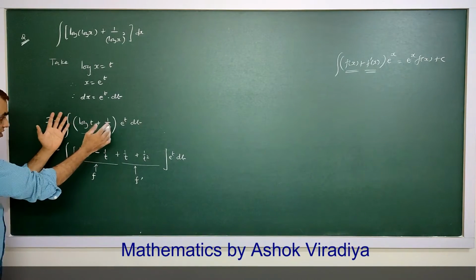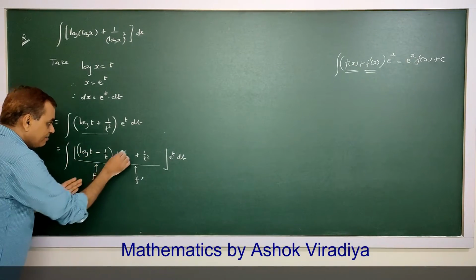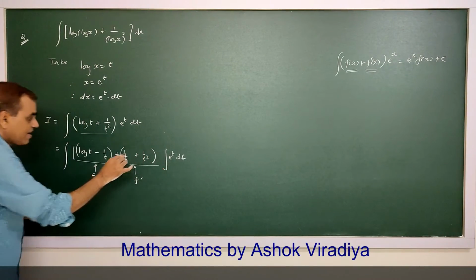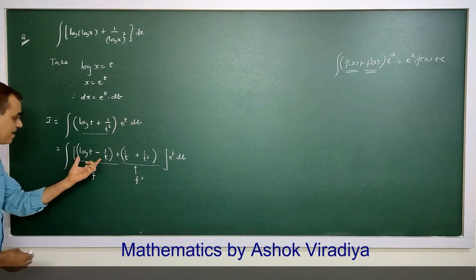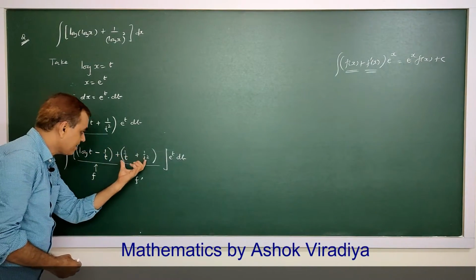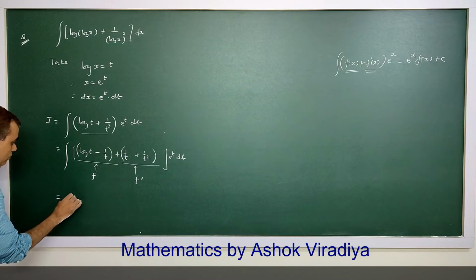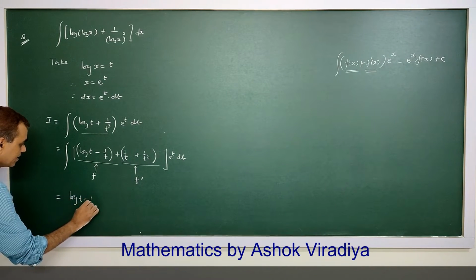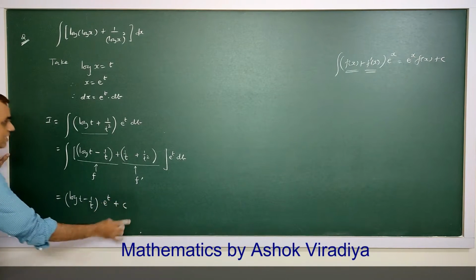So this function is divided in two parts. This part is f, this part is f dash. So f t plus f dash t into e raised to t is equal to f t into e raised to t plus c.